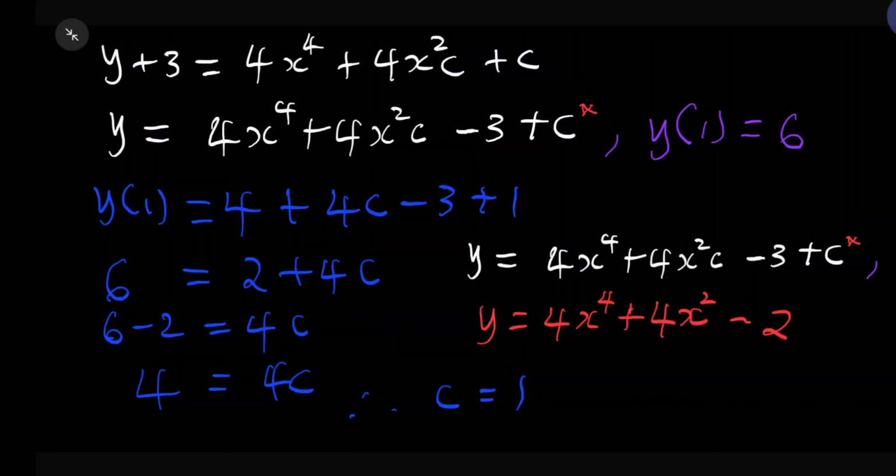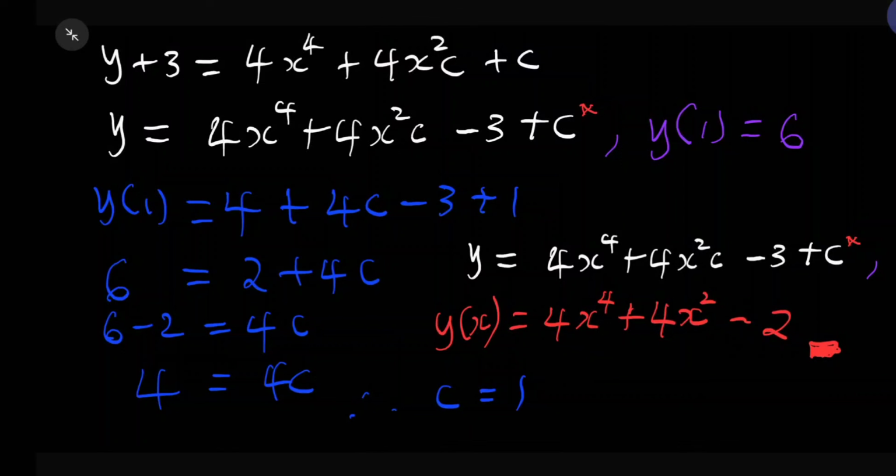This is our answer. Because this is now in terms of x, instead of writing just y, we can say y of x. So this is our answer. You can still rewrite this in another form. You could simply say 4x raised to the power 4 plus 4x raised to the power 2 minus 2.